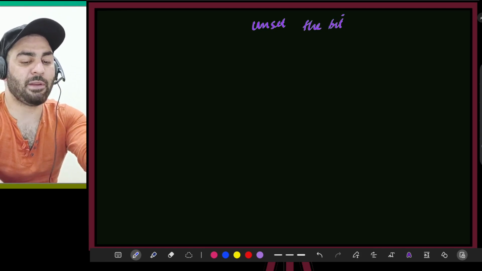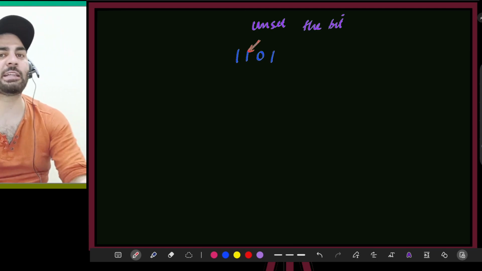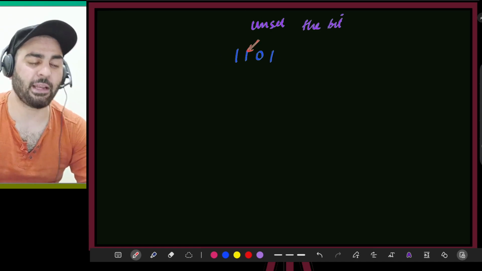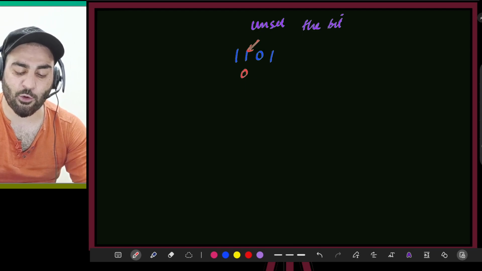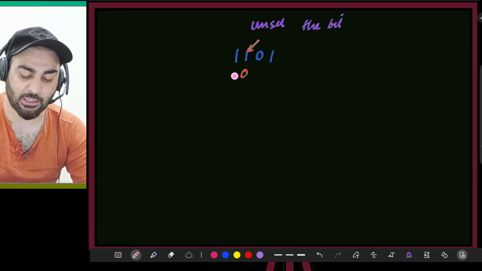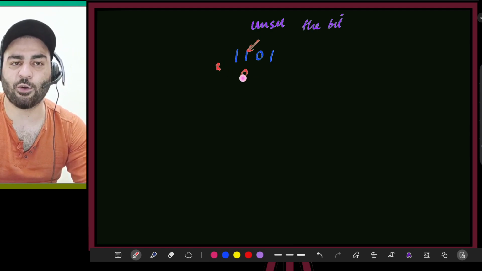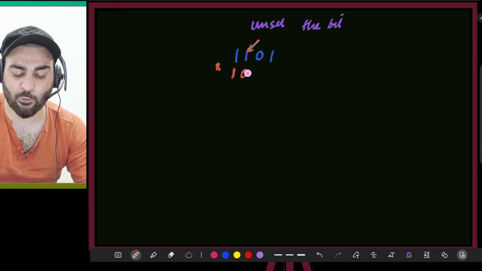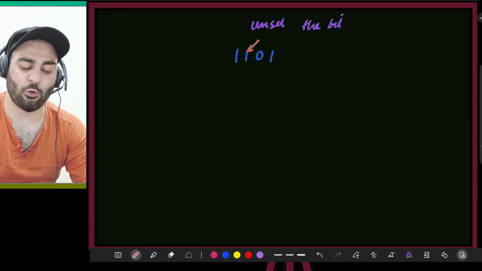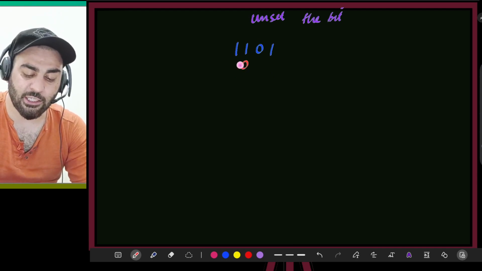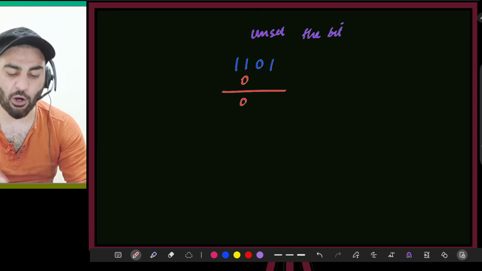By unset I mean, let's suppose we have 1101 as my number A and I want to unset a bit at the bit level. Somehow, if I got 0 under here and performed the AND operation with 1 and 0, I'll get 0. My goal is that somehow I should get 0 under it, so that if I perform the AND operation, I'll get 0 under this.